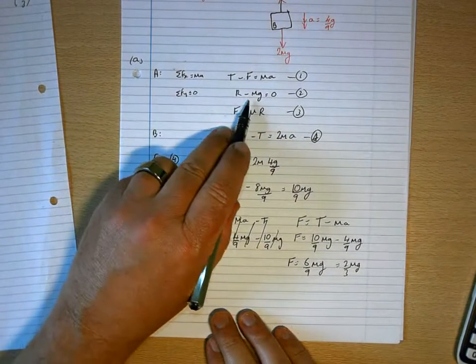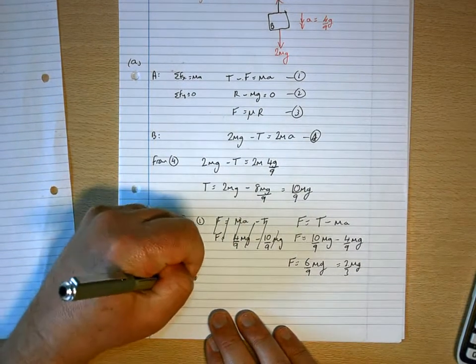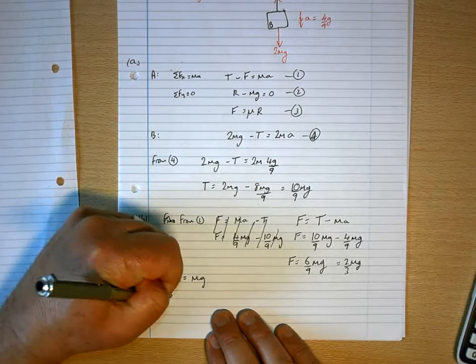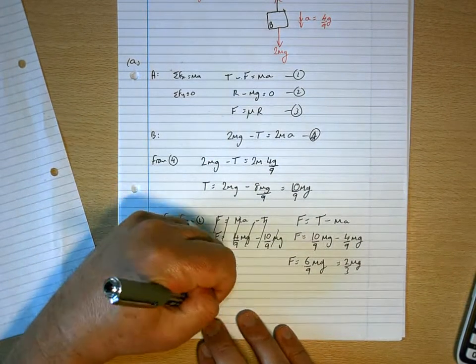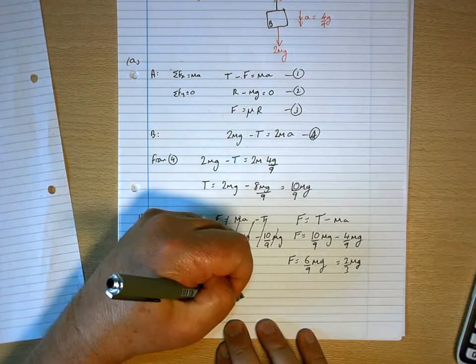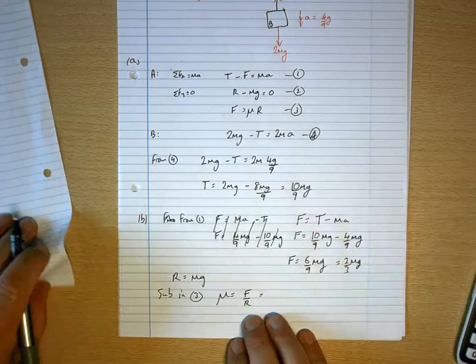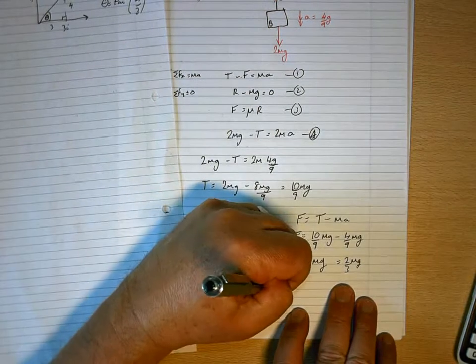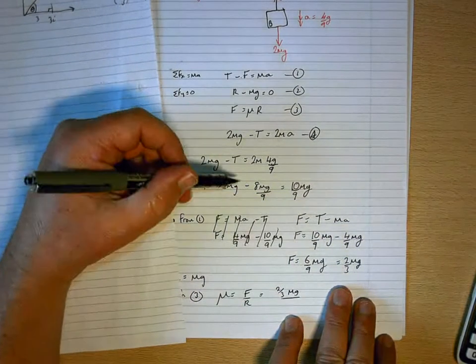The reaction force is mg. So sub in 3, mu will be F over R, which is the frictional force 2/3 mg over mg.